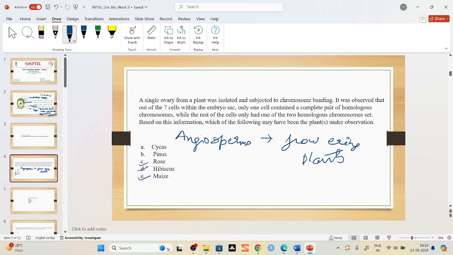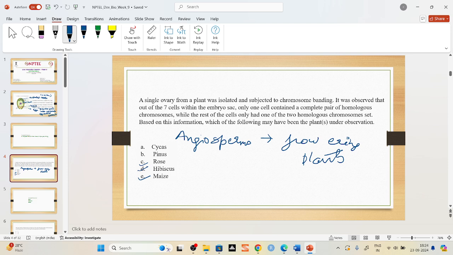Based on this information, which of the following may have been the plants under observation? We know that rose, hibiscus and maize are angiosperms, so they will have such an arrangement. Cycas and pinus are gymnosperms, and they have a different type of female gametophyte structure, and they do not follow this 7-celled, 8-nucleate arrangement found in angiosperms.